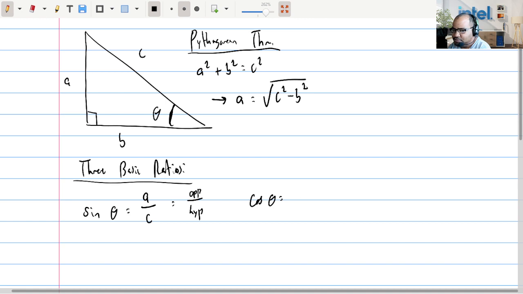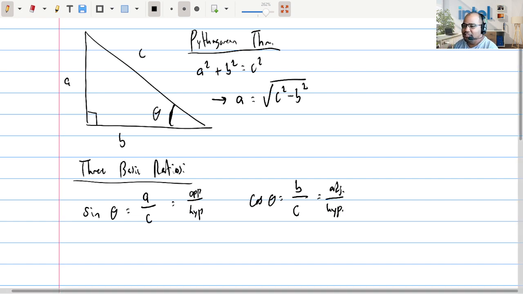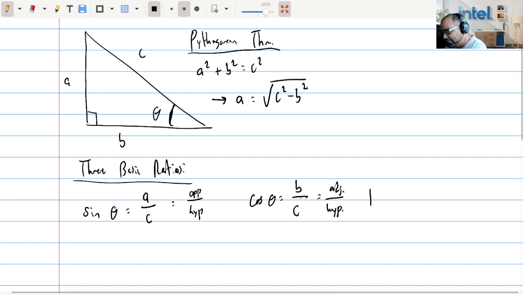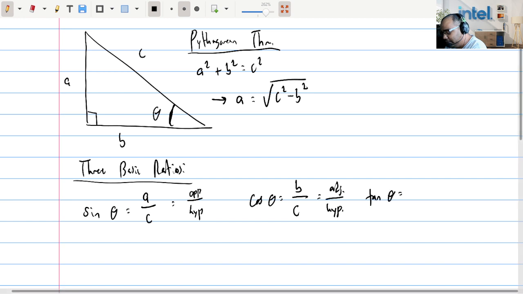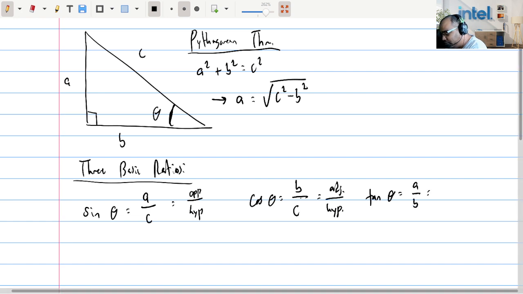In this case, it's the leg adjacent to the angle theta, so B divided by the hypotenuse C. Finally, the last basic ratio is the tangent of theta. That's opposite over adjacent, so A over B.